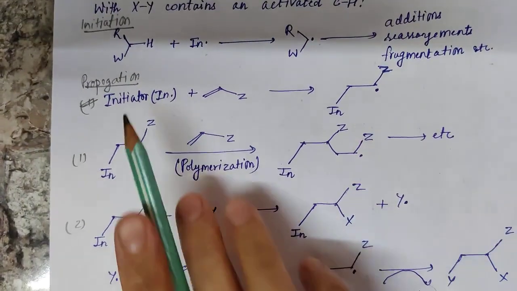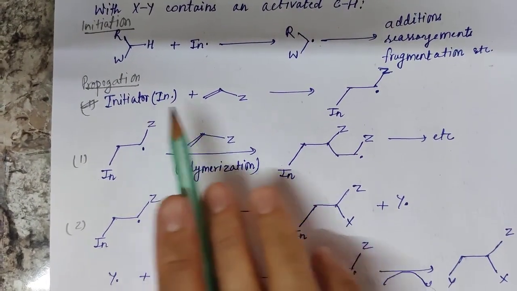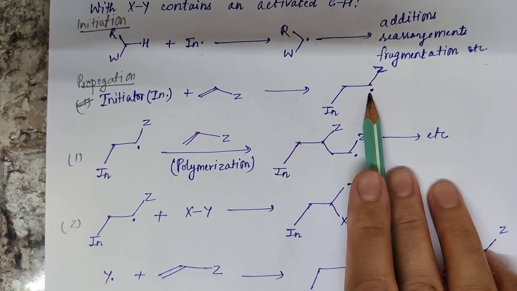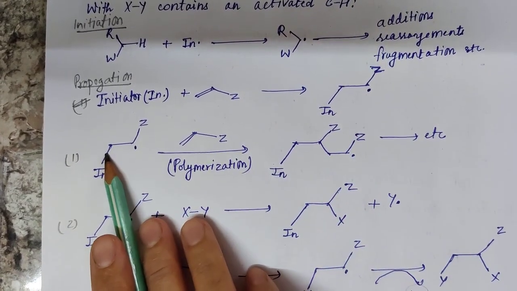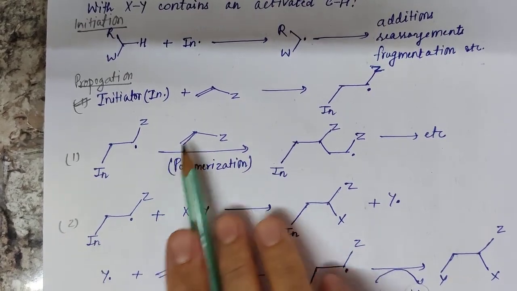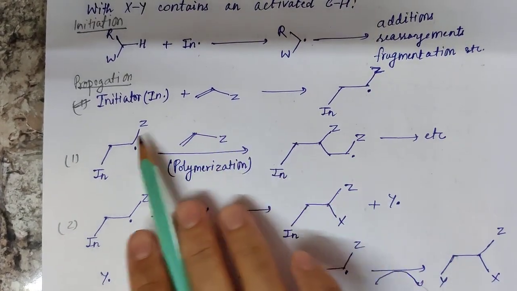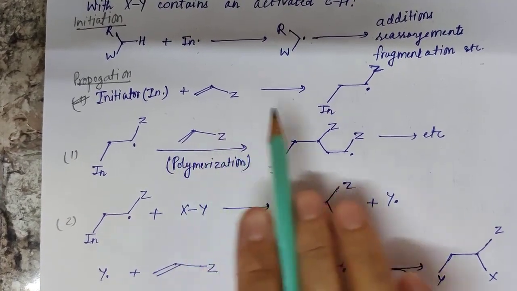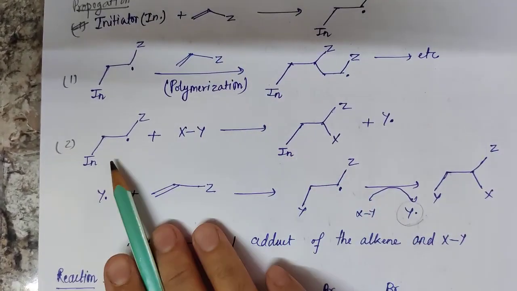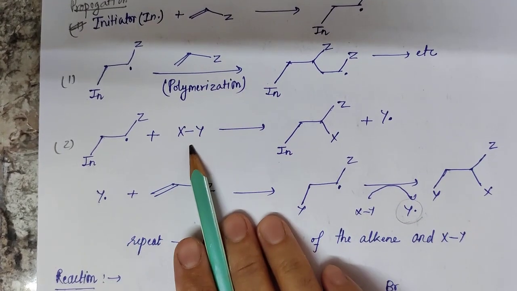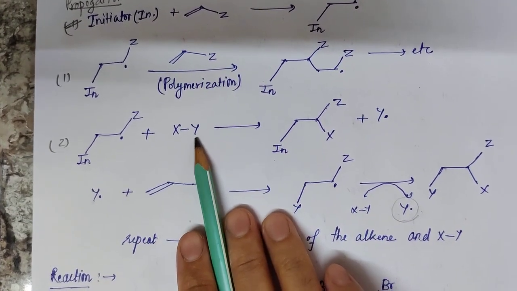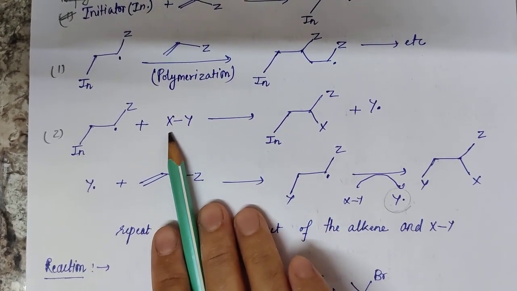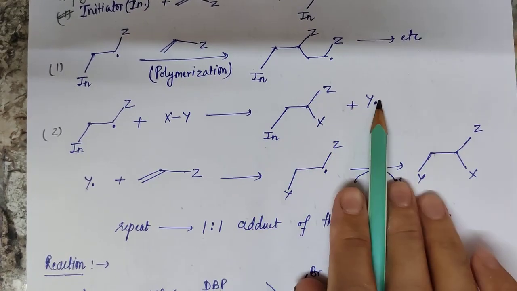If we look at the propagation step, our initiator combines with the alkene to form an addition radical. This radical has two possibilities. It could undergo further polymerization reaction, reacting with more alkene molecules, or it could react with one more reagent, XY reagent, and cleave this XY, take up the X part and form a Y radical.